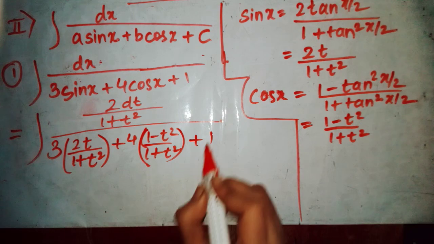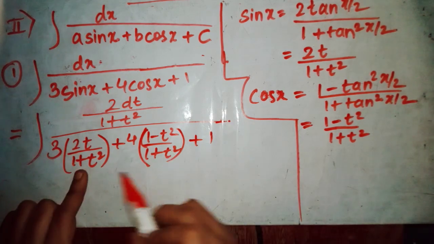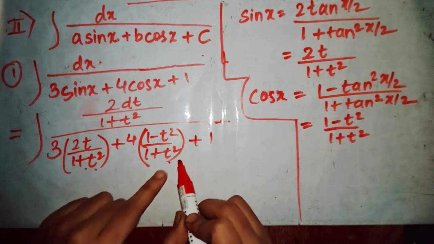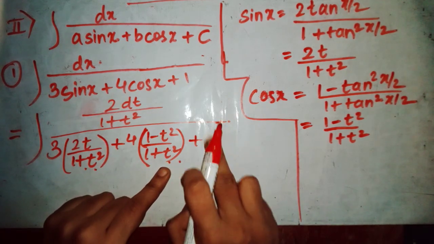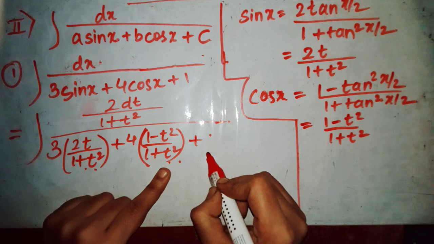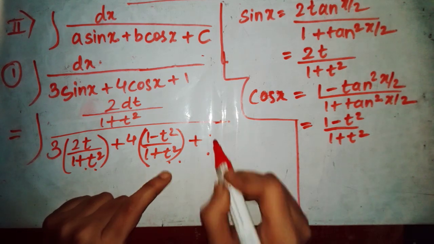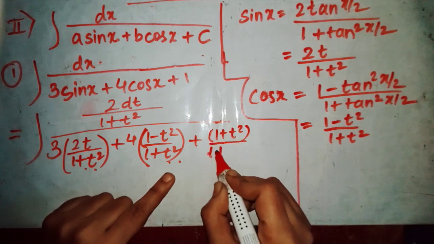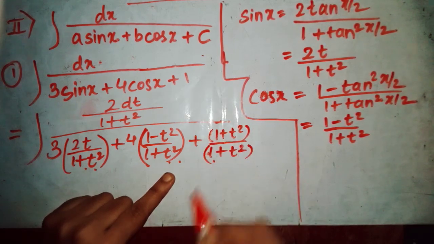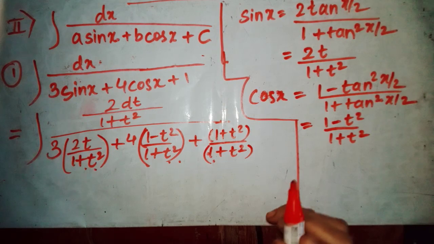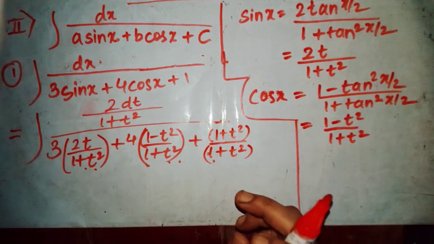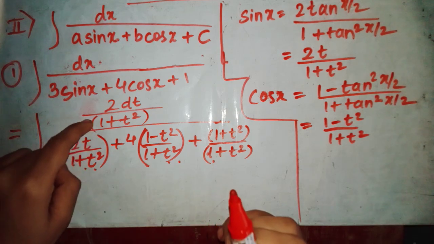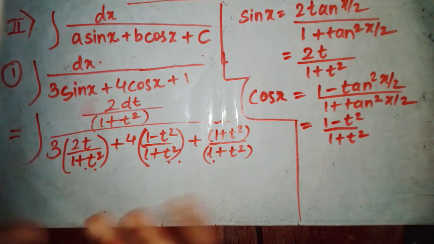Okay, plus 1. So here the denominator is 1 plus t square, common denominator. So I have to multiply and divide here by 1 plus t square, because here 1 is there, right? Now all three denominators are same, so I can add the terms. And here also the denominator is 1 plus t square, so this denominator and this denominator get cancelled.